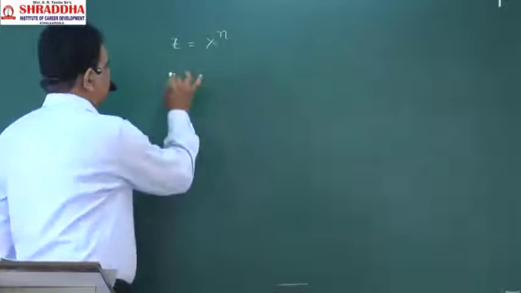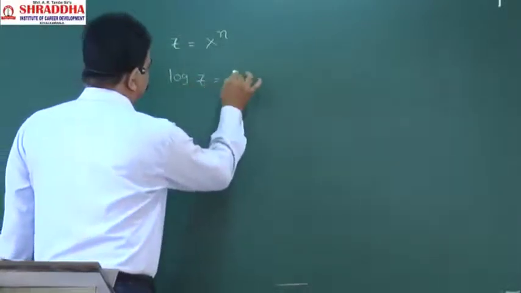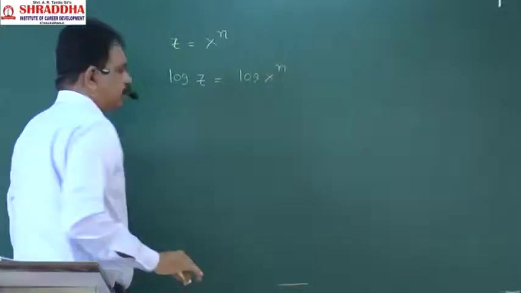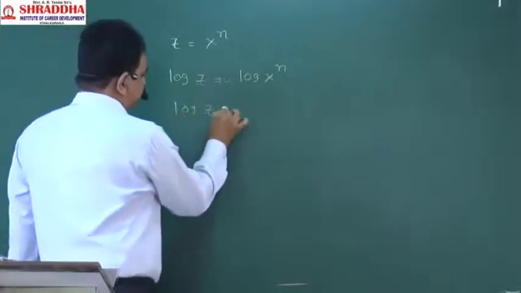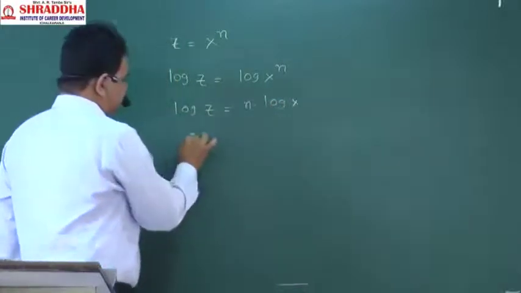So take logarithm on both sides. Log z is equal to log x power n. We can write this as log z is equal to n into log x.